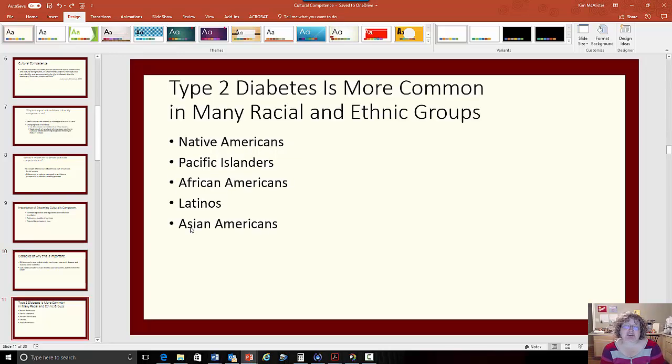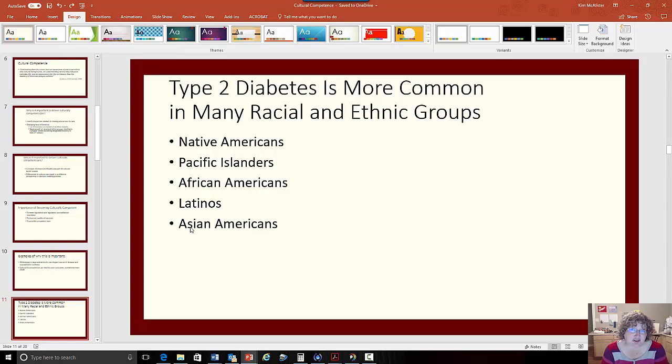Another example is type 2 diabetes. Type 2 diabetes is more common in many racial and ethnic groups. Native Americans have a very high predisposition to type 2 diabetes. Pacific Islanders do as well. African Americans have a greater rate of type 2 diabetes, and they also have the issues with heart disease and high blood pressure.